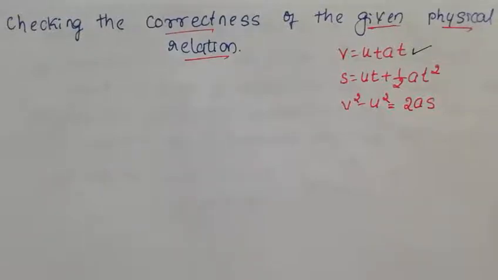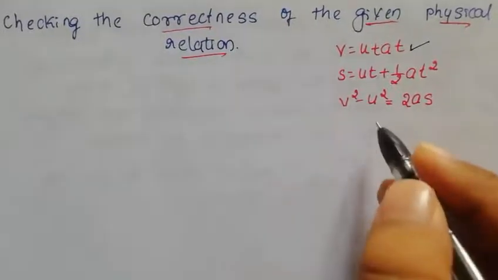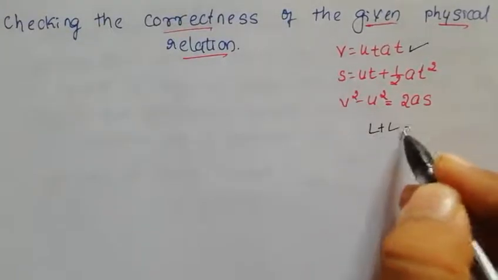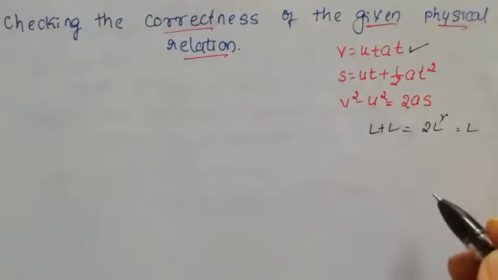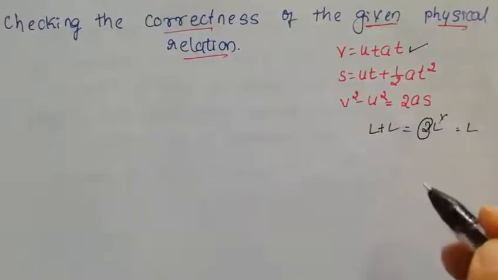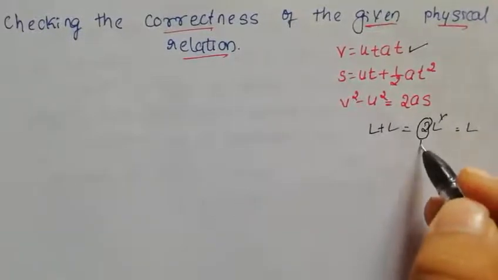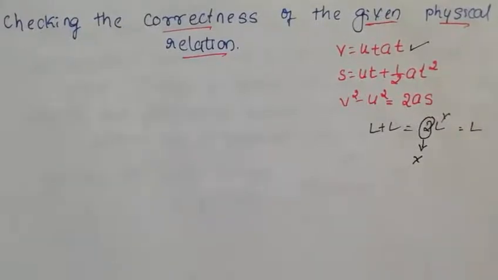Whenever we are checking dimensions, the numbers will not contribute anything. For example, if I say L plus L, it is not 2L, it is just L only. Why? Because the dimensional method does not give any importance to numbers.